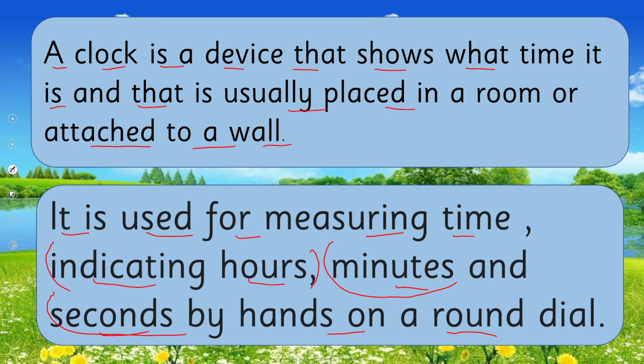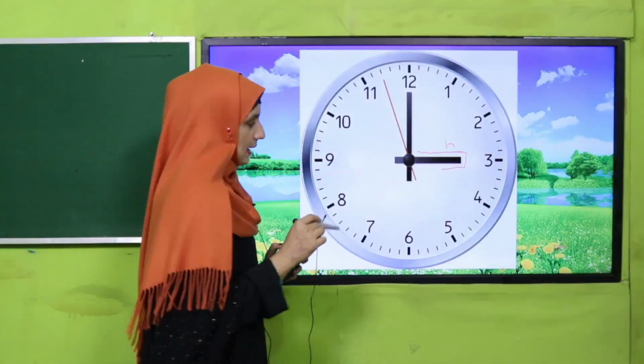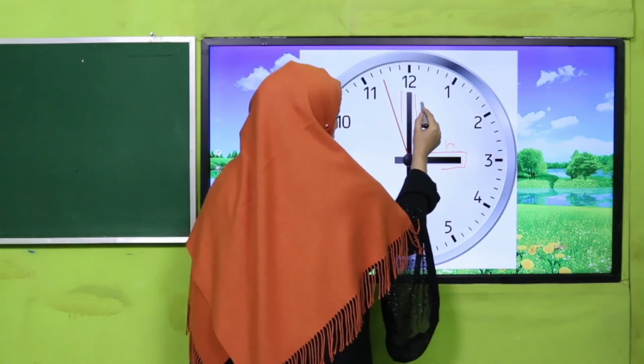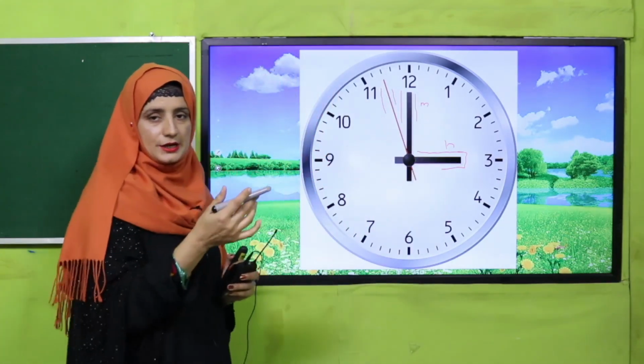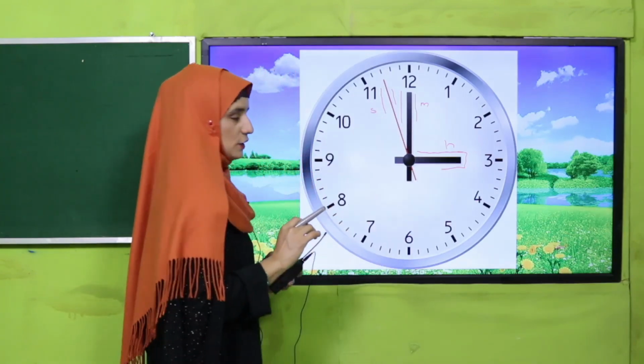This small hand always tells us about hours. Another hand is for minutes. And this red hand is extra large; it always shows seconds.